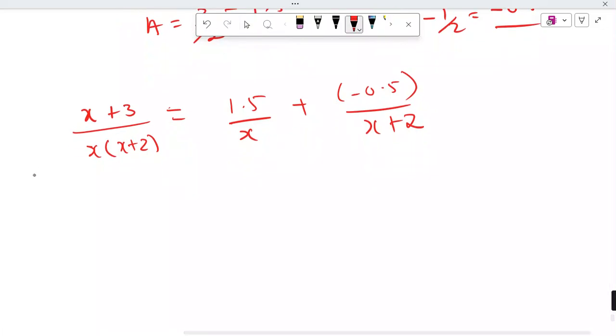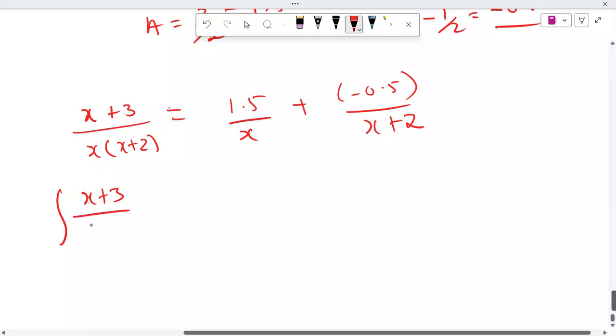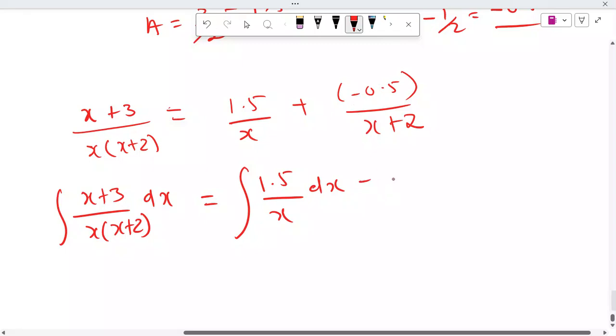So integrating this equation is the same as integrating these equations individually, so here it becomes minus, negative multiplied by positive is minus, 0.5 over (x + 2) dx. So this is simpler to integrate than this one.